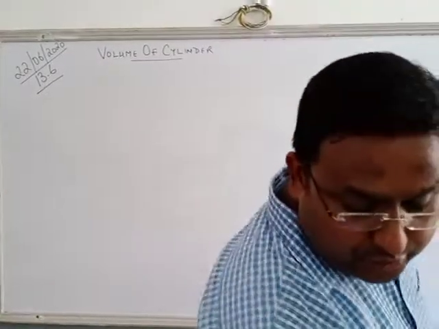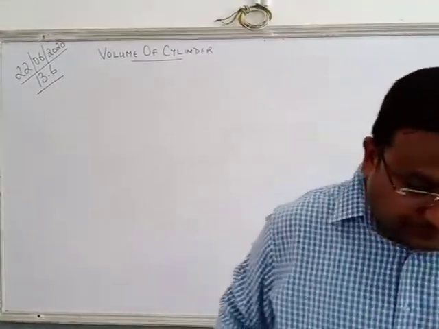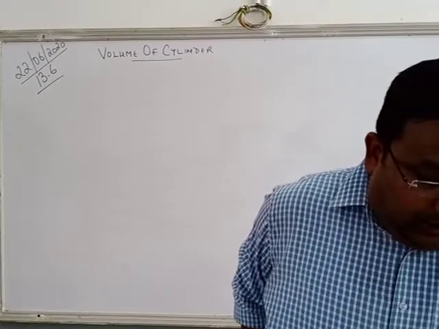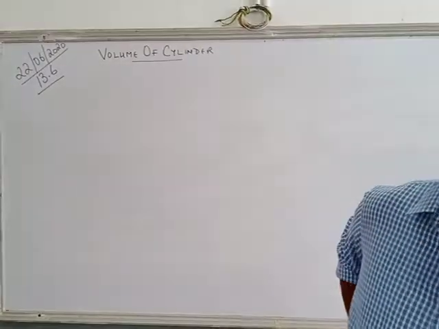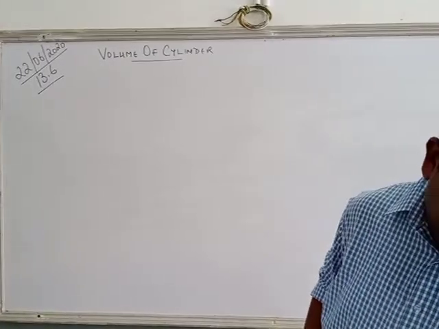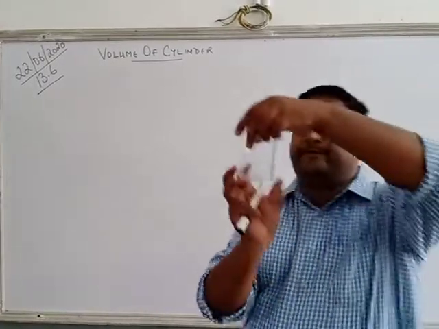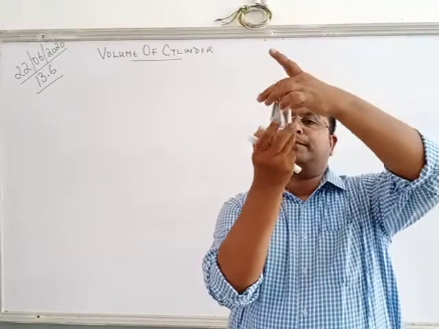Now we come down to question number 4 and question number 6. What does he say? The lateral surface area of a cylinder is 94.2 centimeters square. Again, this is the lateral surface area, the curved part.